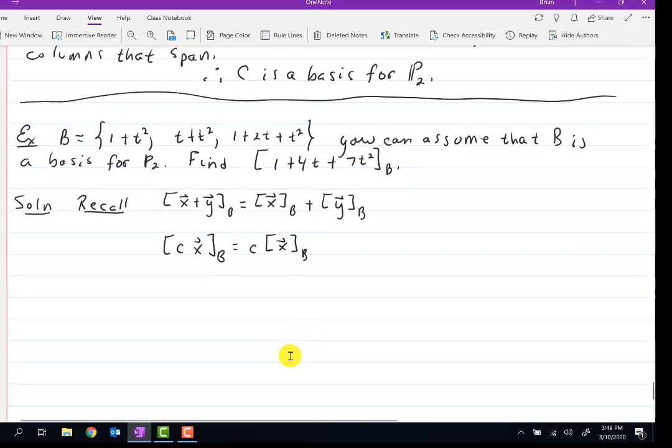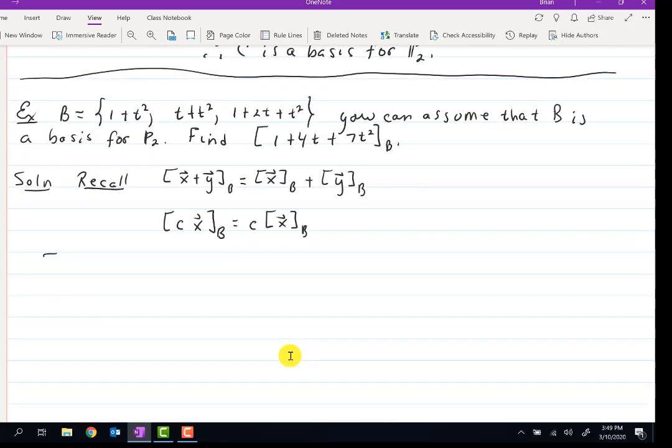So with our thing, we can do 1 plus 4t plus 7t squared. I can break it up into the following.